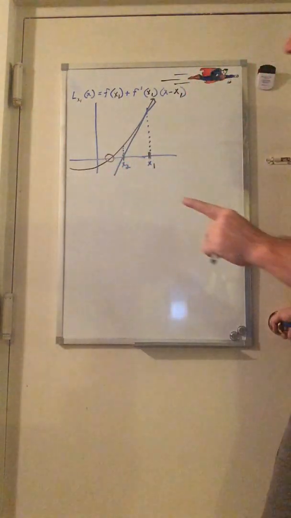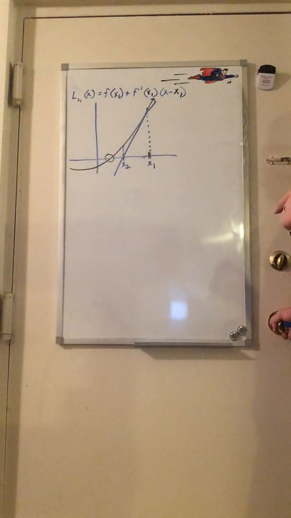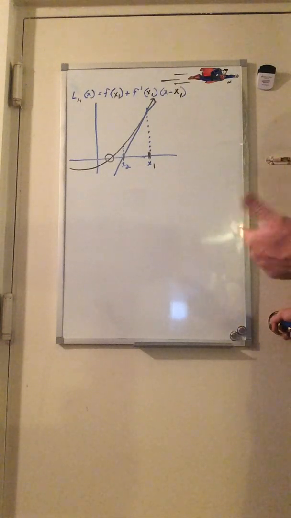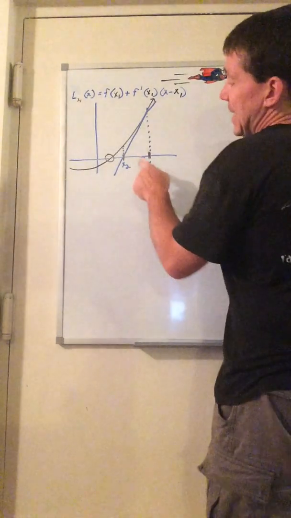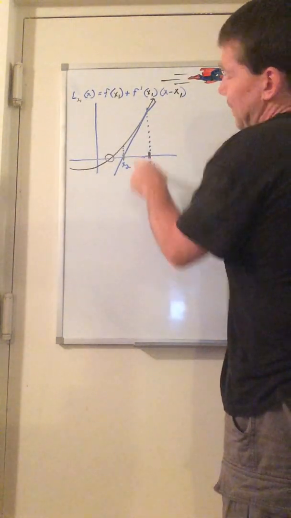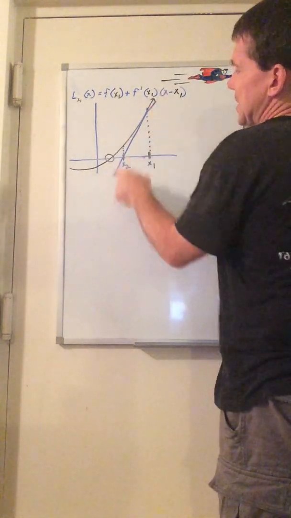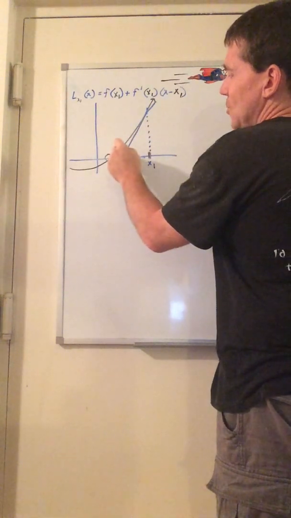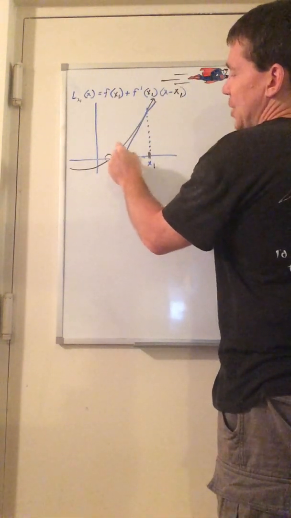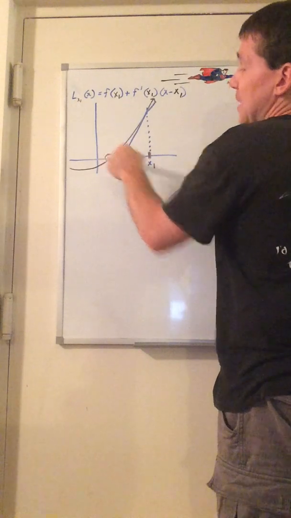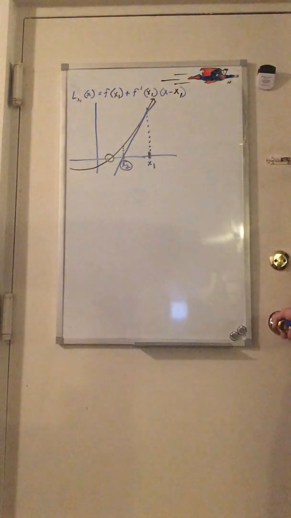Now I will point out, there are times when this trick will not work. We'll look at those at the end of this video. This one is deliberately set up to make sure it works well. But if I could find the zero of this tangent line, then I could use that zero, that x sub 2, as a better approximation of the zero of this curve.